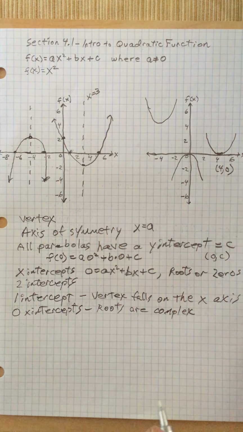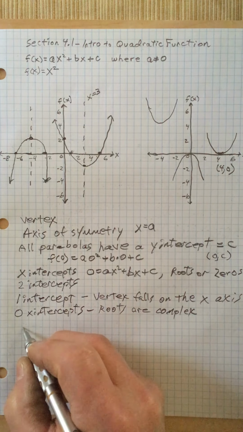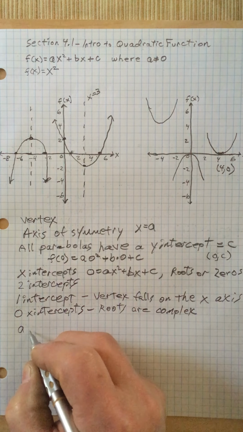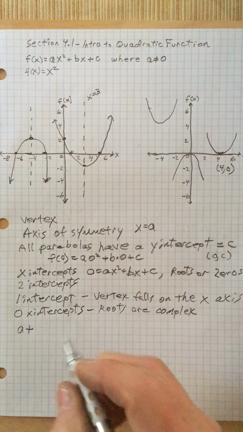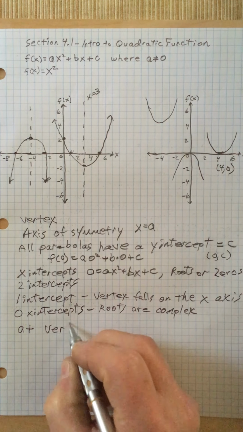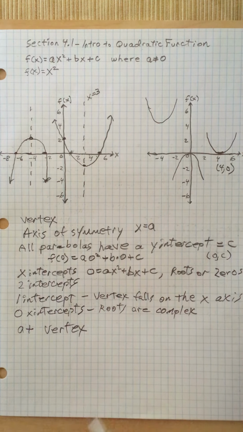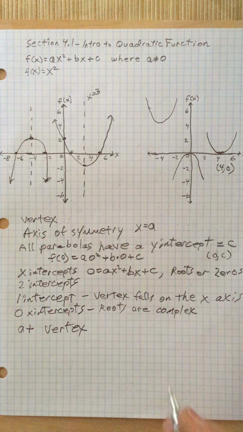Well, it all hinges on the vertex if we're looking at a quadratic equation. For example, if I have a quadratic equation and a is positive, then the vertex, if I looked at the vertex, that should represent the minimum for the function.